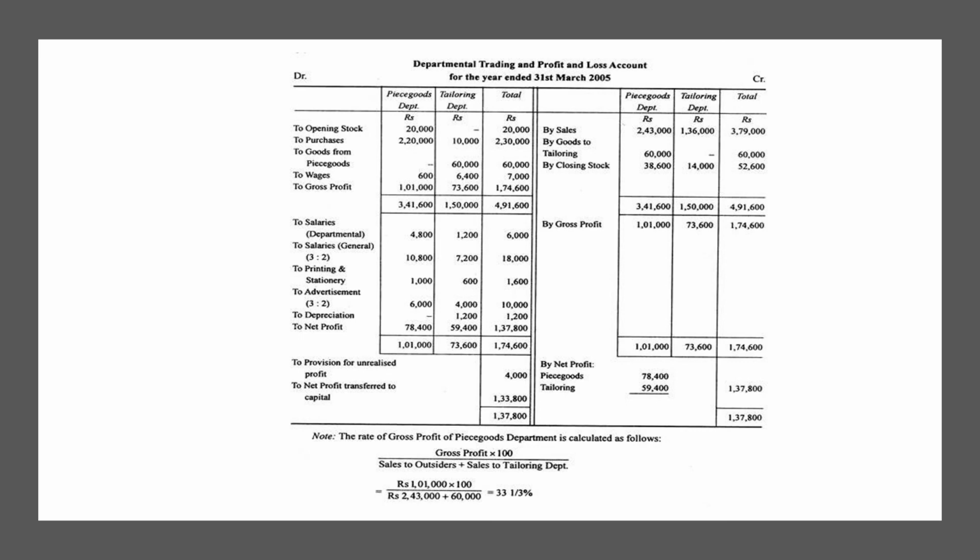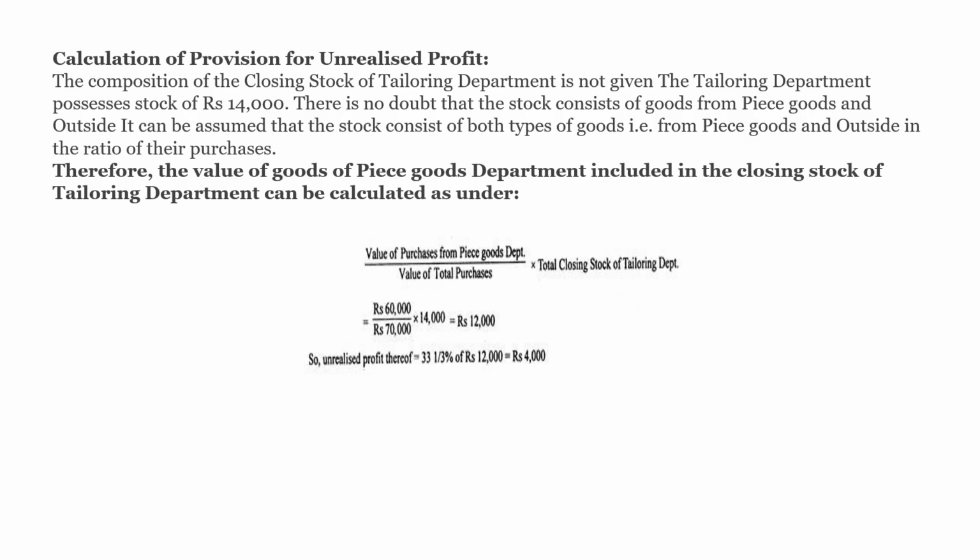So 60,000 upon 70,000 into closing stock, that is 14,000. Whatever you get out of this, the profit rate is 1 upon 3. So 1 upon 3 of that, or 33.33% of that, gives you the unrealized profit. See here, 60,000 upon 70,000 into 14,000.